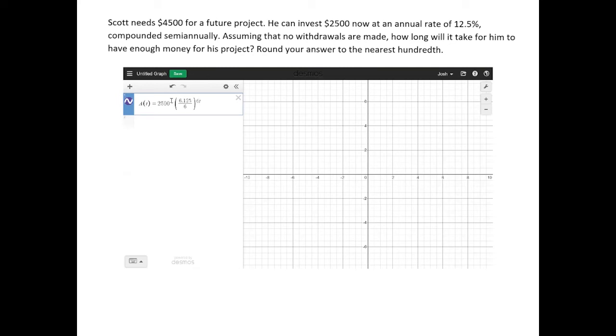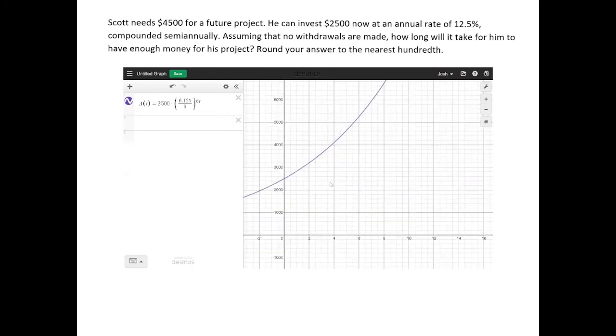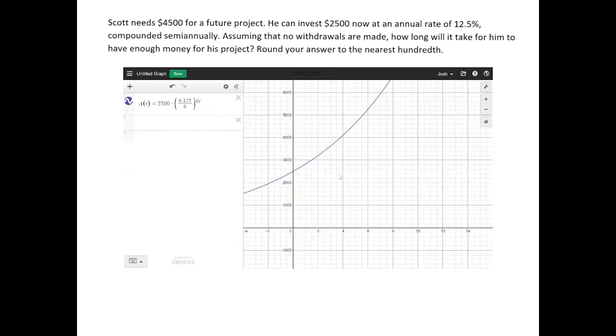Now, that is on my graph. We can't see it because of that 2,500 in the front, so we have to hold shift and drag down the y-axis until the function shows up right there. And that is the graph of that compound interest formula function.